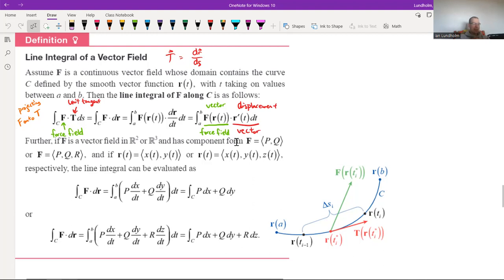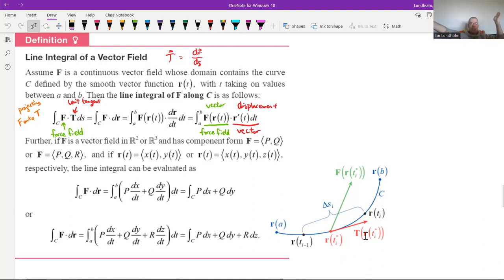And what this is saying is that at every point along this curve, we're going to take a vector in the force field and take its dot product with the displacement vector, the tangent vector. And when we take that dot product, it's going to give us a value, which basically tells us at this point how well are the force field vector and the tangent vector cooperating.